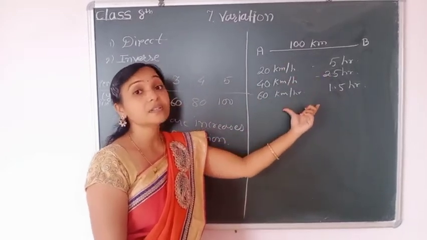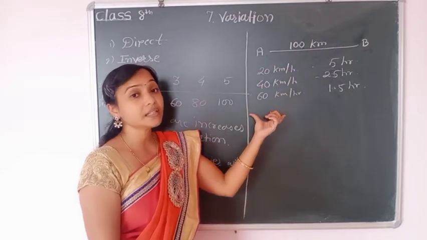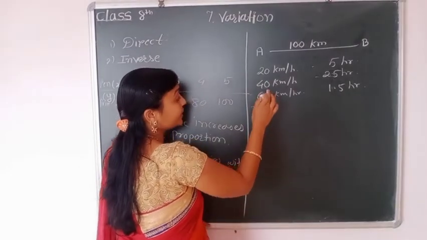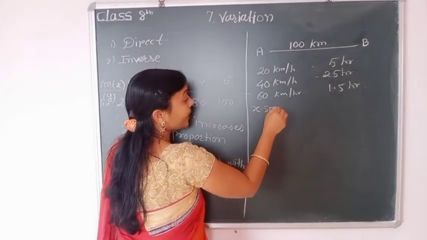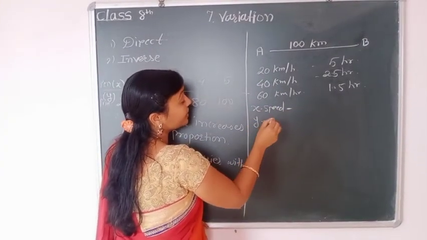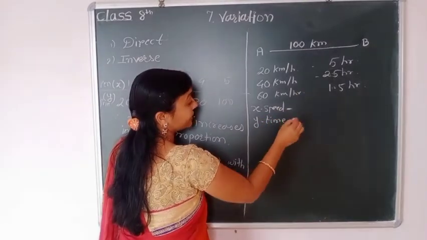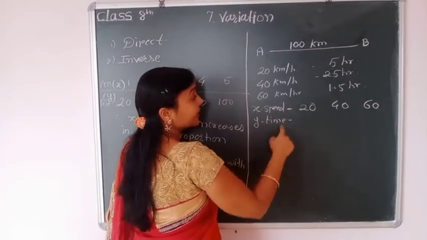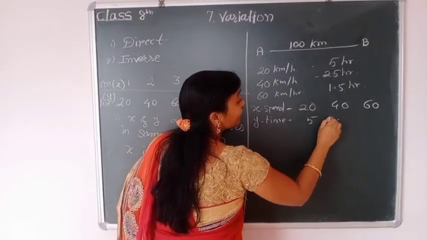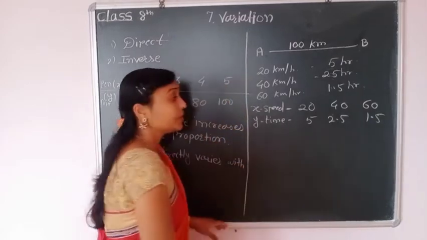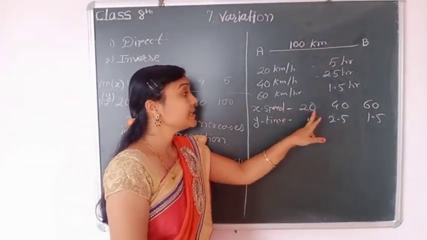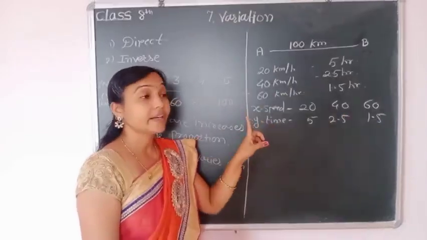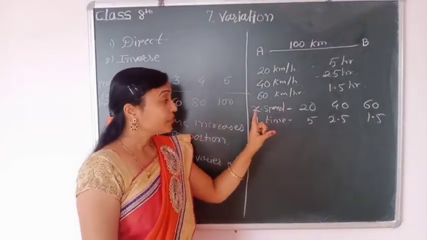You observe in this, when the speed increases, the time decreases. Take the first quantity x as the speed of the car, and the other quantity y as the time. If we observe, when the speed increases, the time decreases. Means one quantity is increased and the other quantity is decreased.